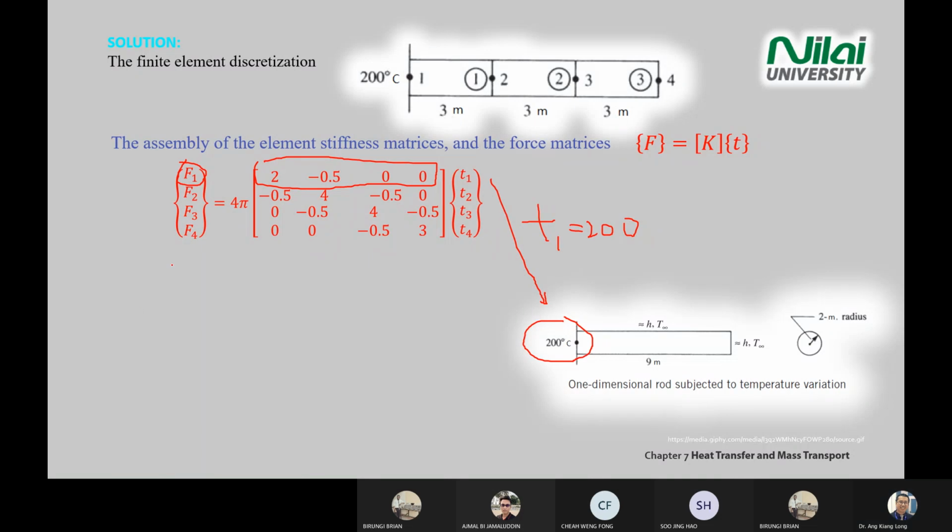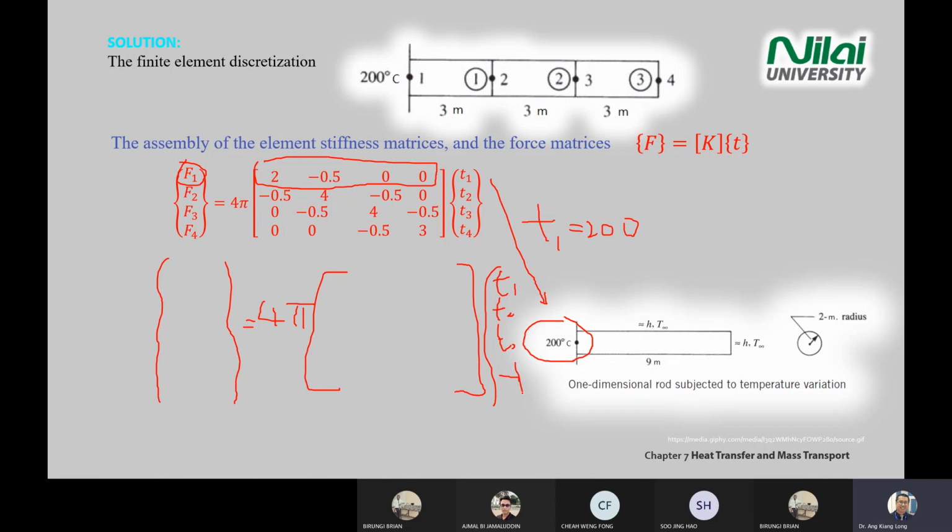Okay, so the new matrix here, after you rearrange, you'll get 4 pi bracket T1, T2, T3, T4. Apologize for my writing on the screen.